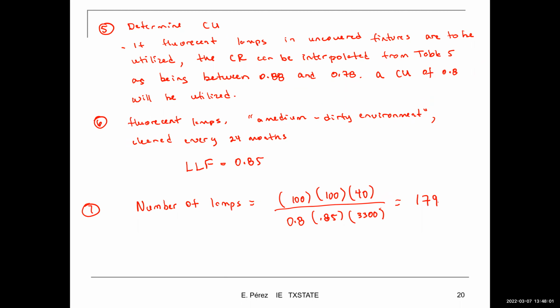So basically what we're doing here is just plugging in the values that we got from this process into the equation, and we get the number of lamps. If you want to know the number of luminaries, you have to divide by how many lights you're going to have per luminary. So if you're going to have 2 per luminary, you divide by 2, and it's going to tell you the number of luminaries that you're going to need.